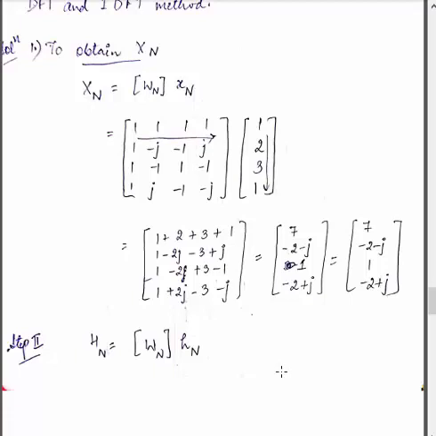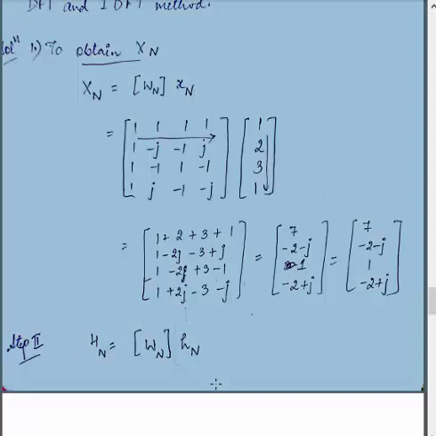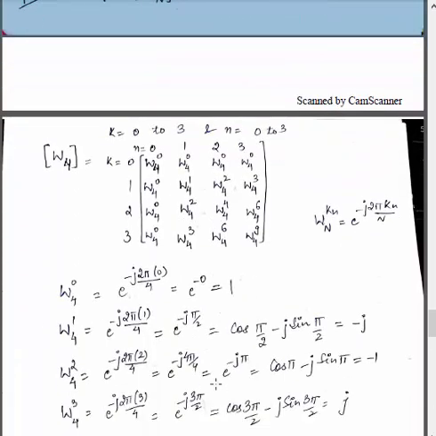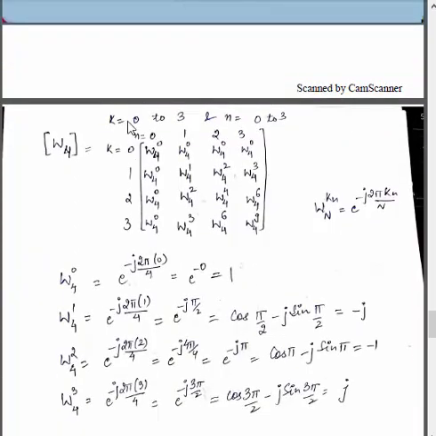Then the second step is to find out the DFT of the second sequence, that is h of n, in matrix form. So the formula is H of k is equal to the twiddle factor in matrix form into h of n. Again we know the value of the twiddle factor, just calculated in our first step.